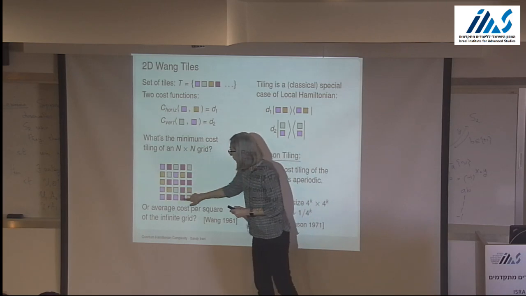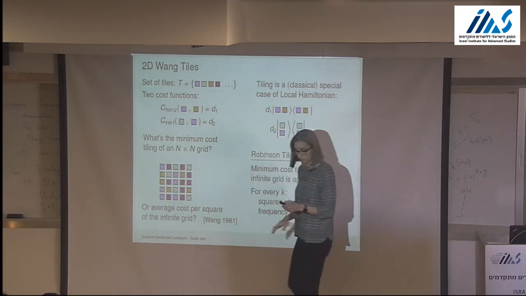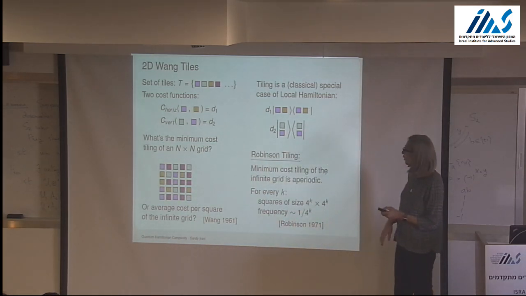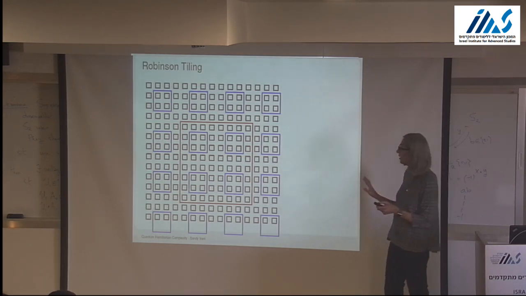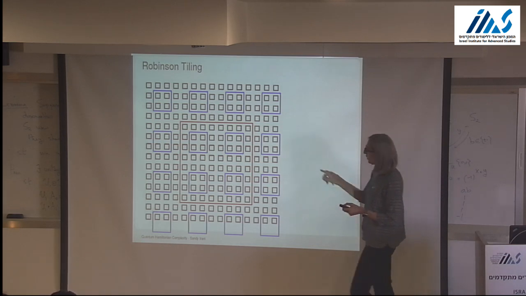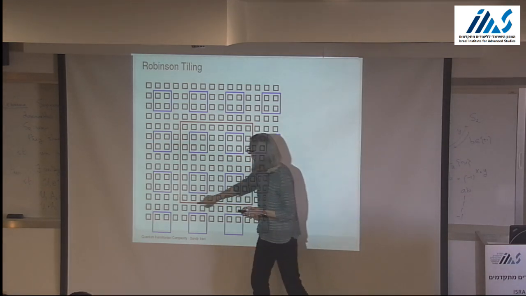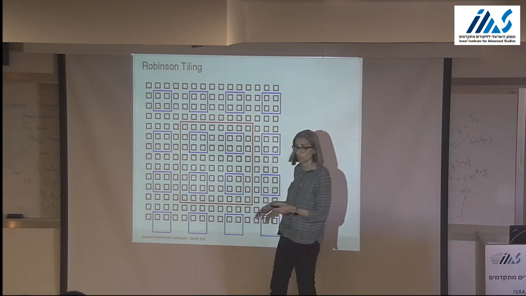And I'm asking for a way to tile the grid that minimizes the cost. Okay? So the construction makes use of this very beautiful set of tiling rules that when applied to the infinite plane creates this aperiodic structure. Okay? And the aperiodic structure has these increasing size squares.